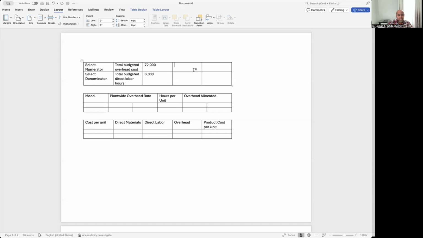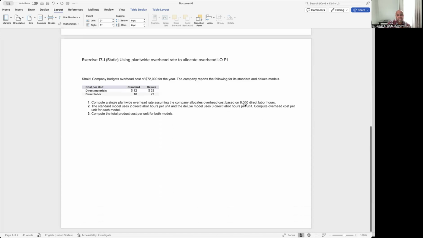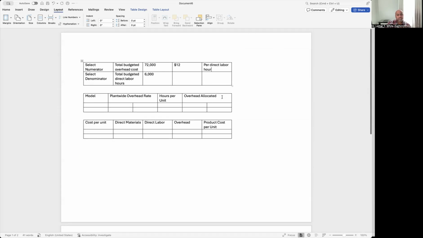When I divide those two numbers, I'm getting my calculator, 72,000 divided by 6,000. It's going to give me $12, and that's $12 per direct labor hour because it's allocated based on direct labor hours.